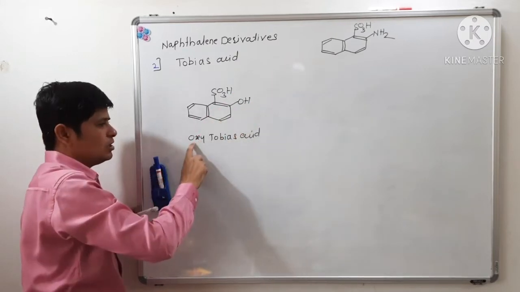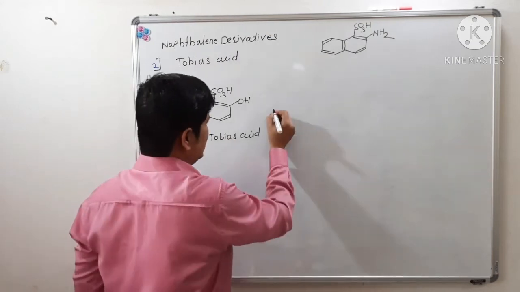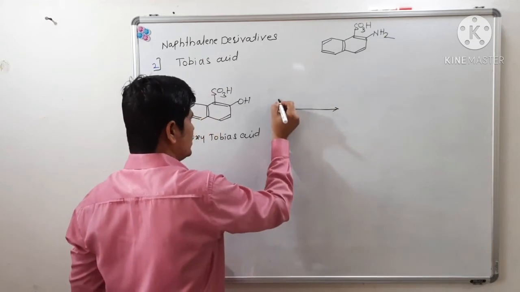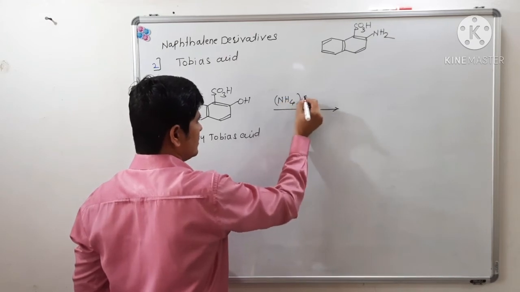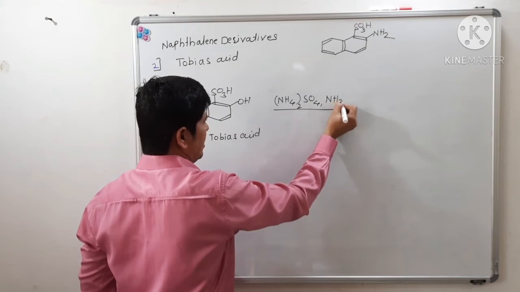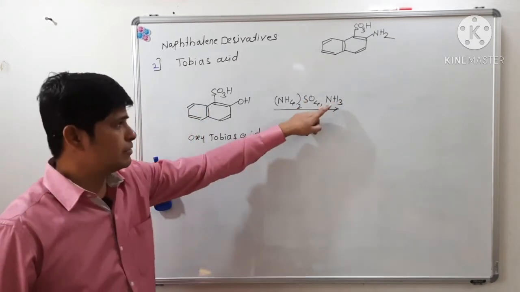Hence it is called oxy-Tobias acid. Now this oxy-Tobias acid is reacted with ammonium sulfate and ammonia.